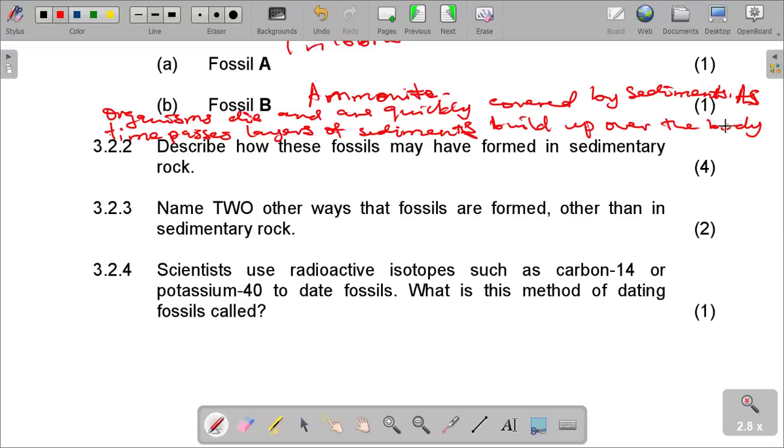That is very correct, they build up over the body.